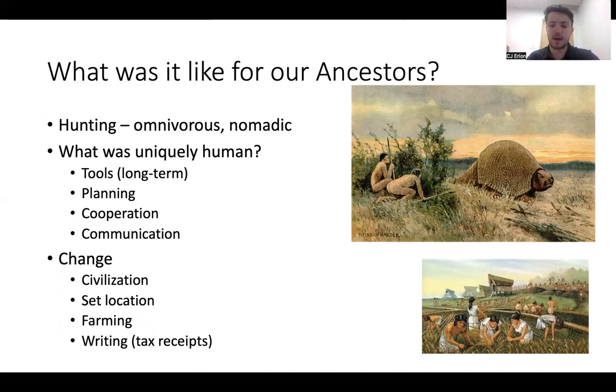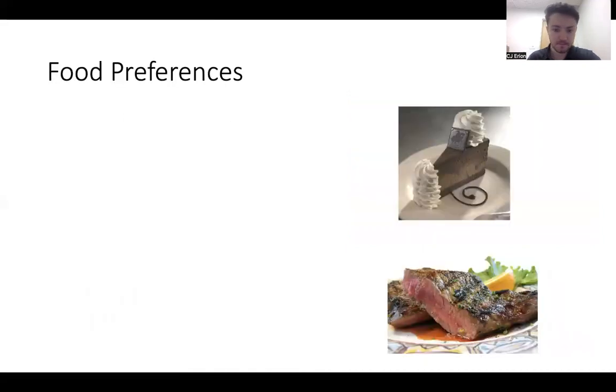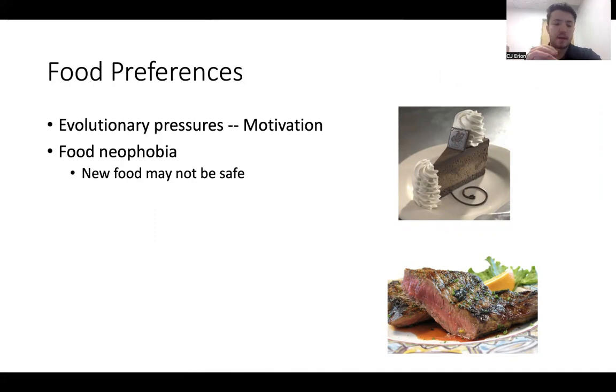So basically, in terms of food here, we've evolved from strictly hunting and gathering as we travel to new places, to learning how to farm and survive in just one place. We have food preferences that seem to provide evidence for an evolutionary or social biological standpoint. A key example of this would be food neophobia.